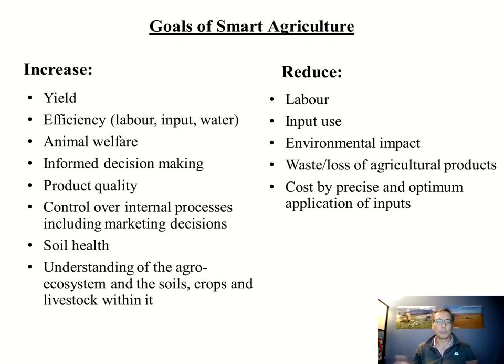We want to improve animal welfare, improve product quality, and improve our sustainability in terms of soil health and our impact on the environment. So these sensing technologies can also be used to better understand how the ecosystem is functioning, the characteristics of the soil and the impacts of management on the soil, as well as understanding crops and how they work, and finally livestock as well.